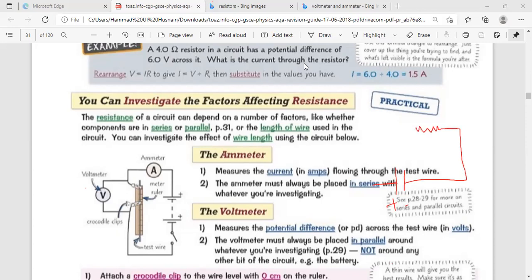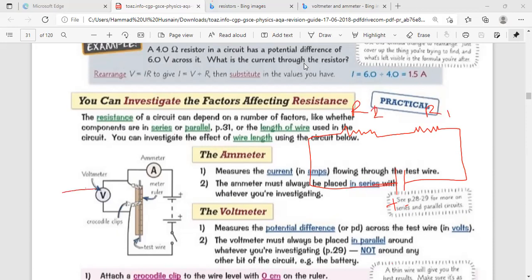We represent resistors like this. Let us say we have connected one resistor over here, and we connected another resistor over here, right? So this is how we have connected R1 and R2, two resistors, in a circuit.